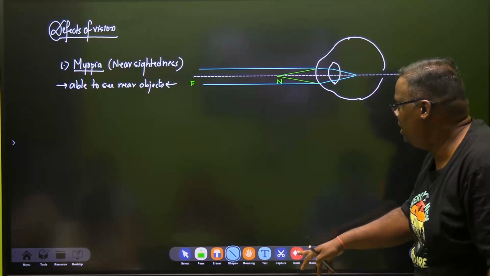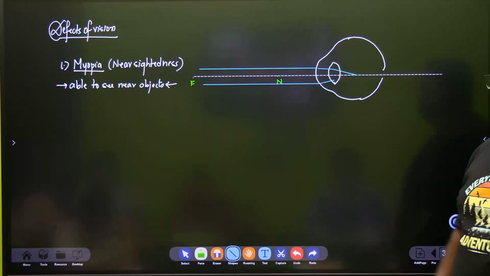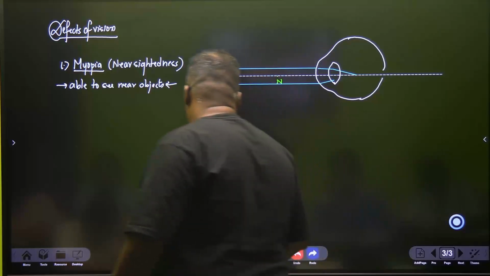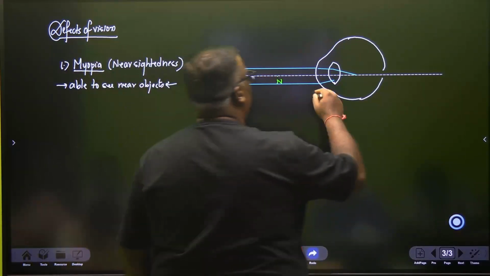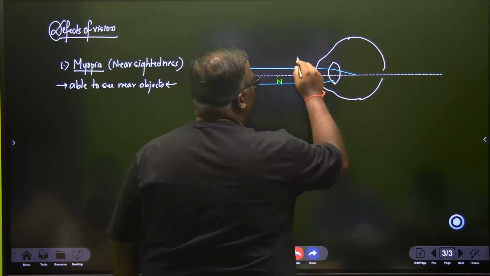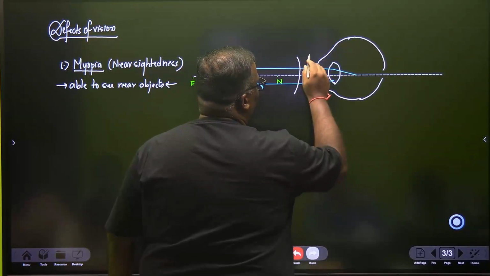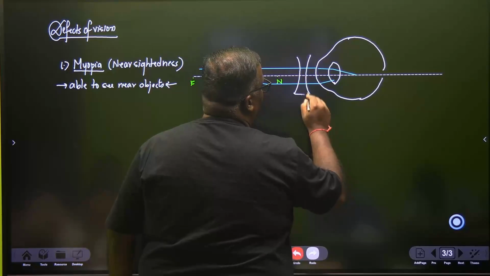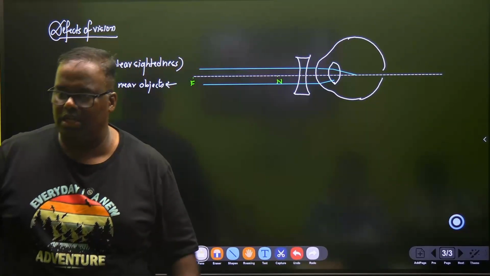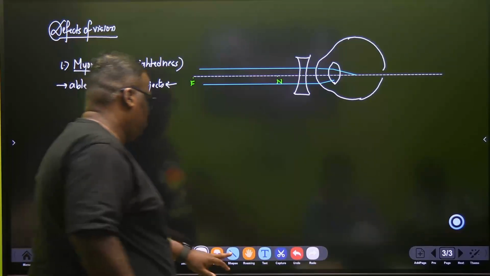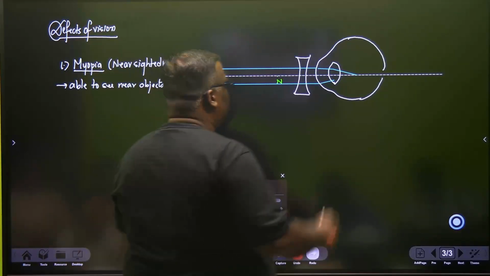Now, generally children study this treatment in the wrong manner. Many people say, since the rays are getting too much converged, an ideal treatment would be to put, don't draw right now, a convex lens. What does the convex lens do, children? It diverges the rays. So this convex lens will diverge these rays.